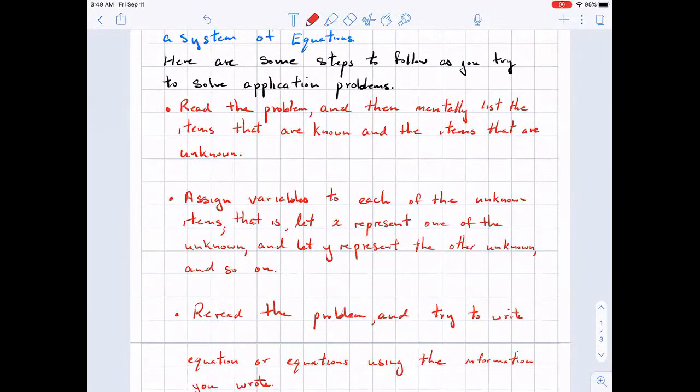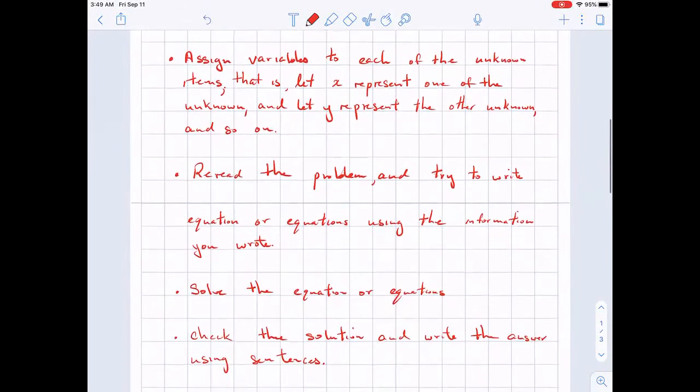Sometimes you may have to read a problem 3 or 4 times. 2. Assign variables to each of the unknown items. That is, let x represent one of the unknowns, let y represent the other unknown, and so on. Reread the problem and now try to write equations using the information you wrote.